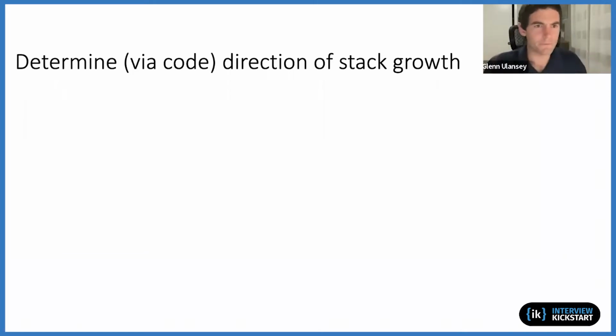Before I start sharing my thoughts for how I would do it, does anyone else here want to share some of your thoughts for how you might go about determining this via code? How would you solve this question?